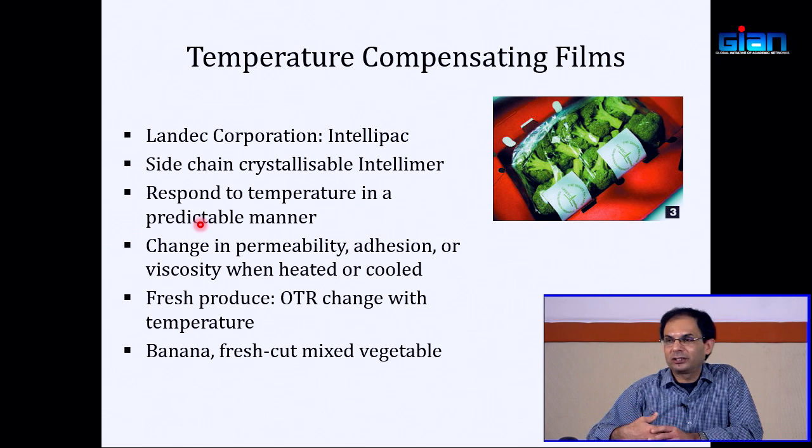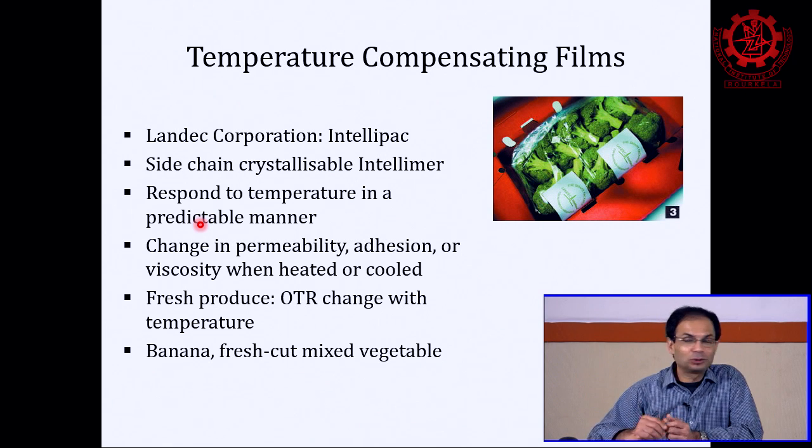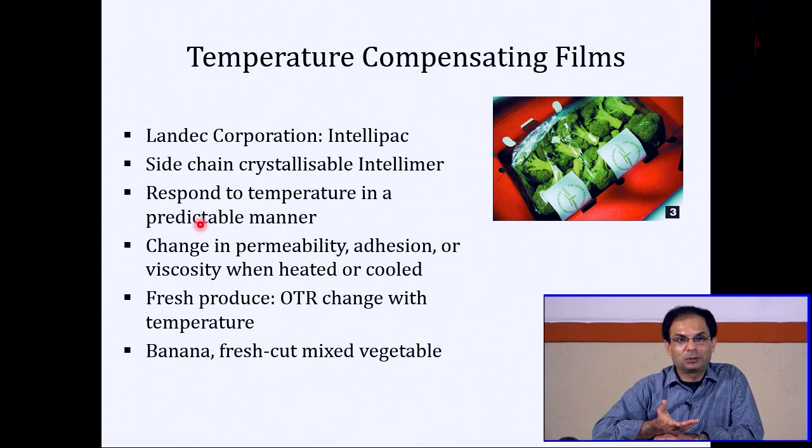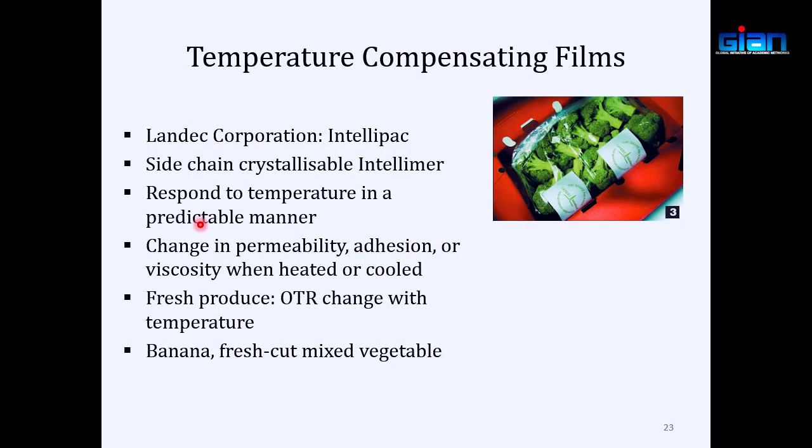If the respiration characteristics change, the inside atmosphere of O2 and CO2 will change, and if that changes, then it's going to affect because that's not optimal anymore. You did the optimal design based on the refrigeration temperature, right? You had an optimal gas composition based on the respiration at refrigeration temperature.